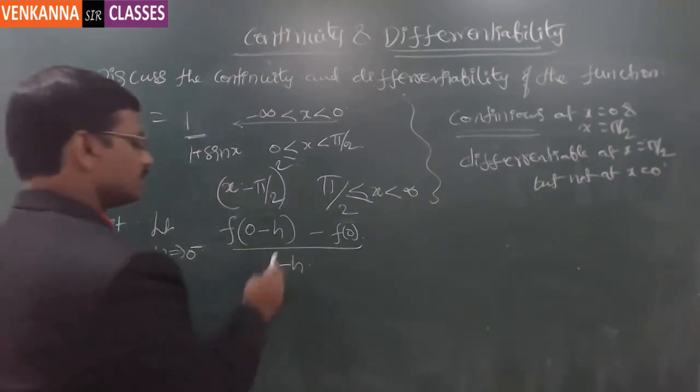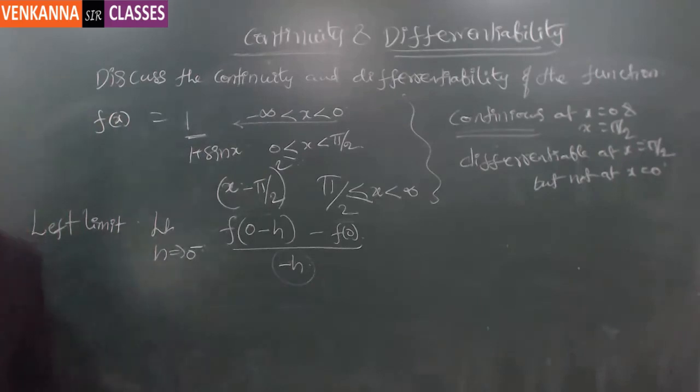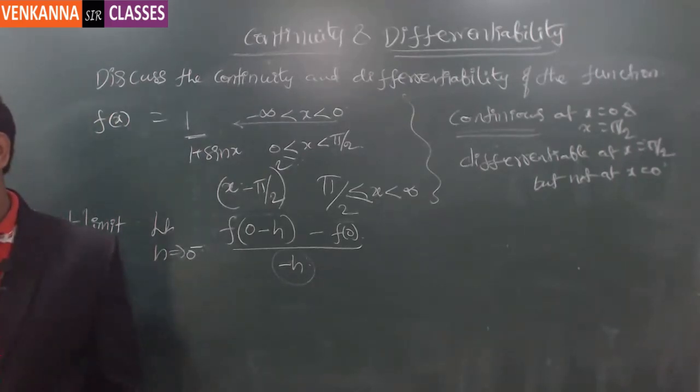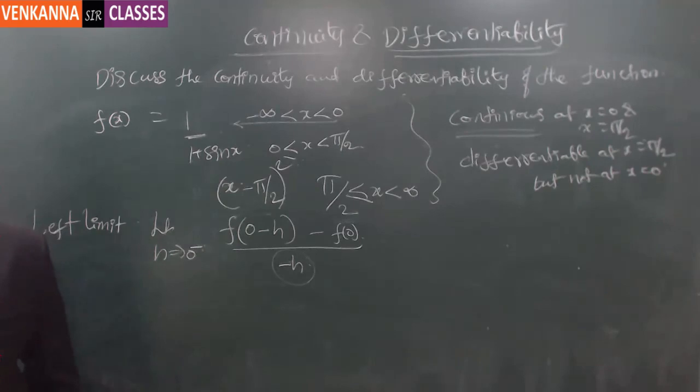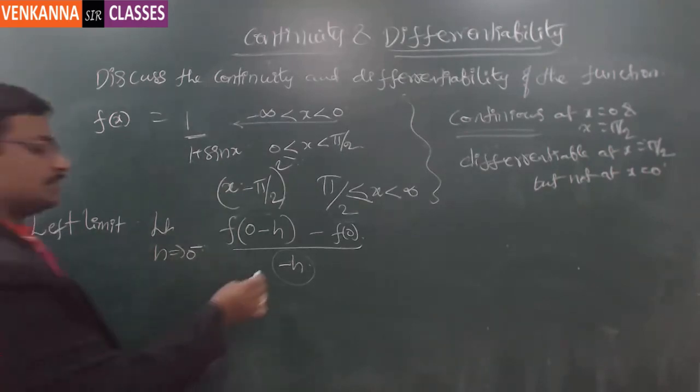Why are we taking this as minus h here? If it is the left limit, then I can take it straight away as negative.